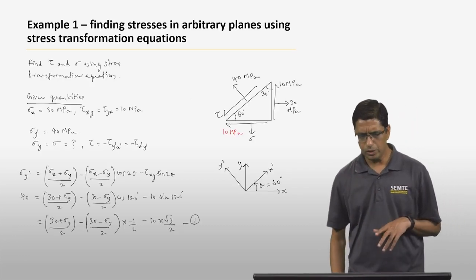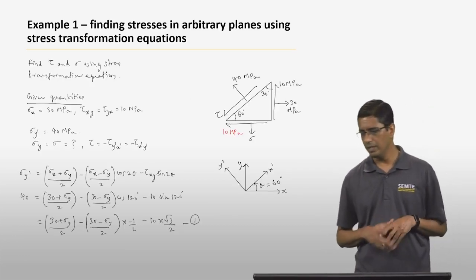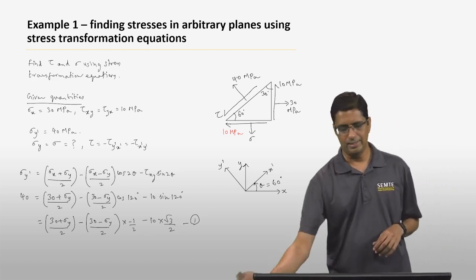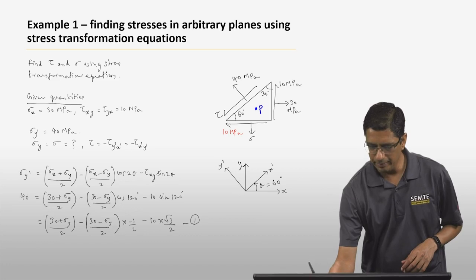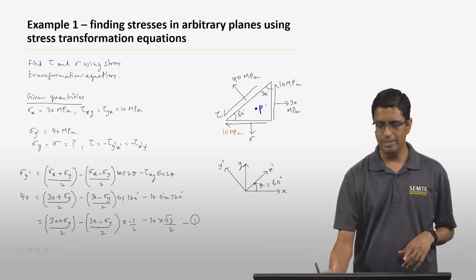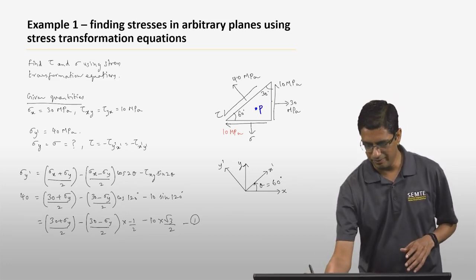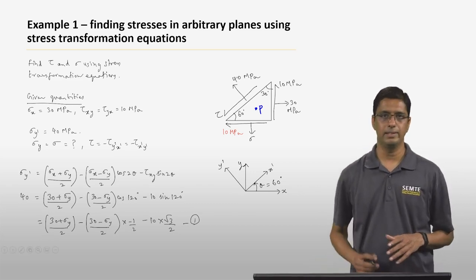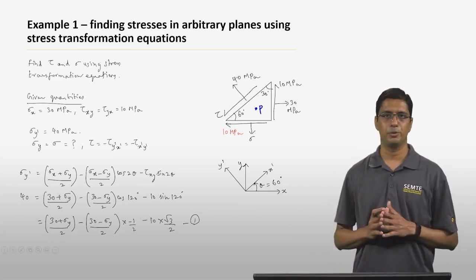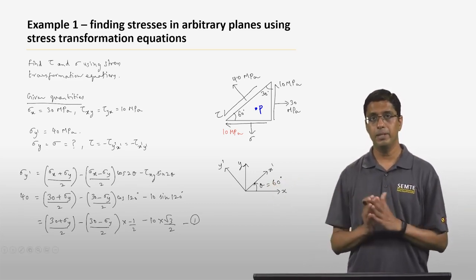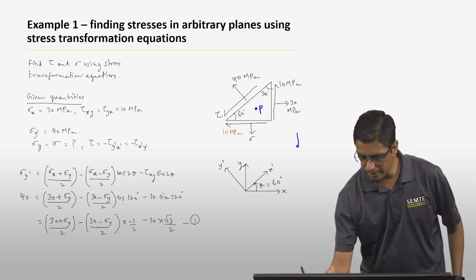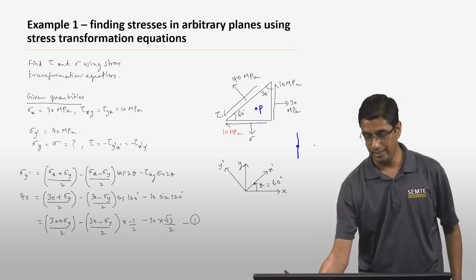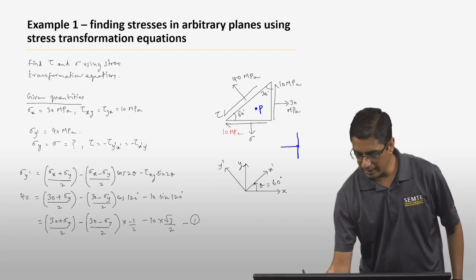So here is an example problem. What we are given is essentially a point. You can think of this as a point P, and these are the planes. These planes are obviously very close to this point P. It's very close, but I can't draw it too close, so I've blown it up. You have stresses on a plane that is like that and on a plane that is like that.